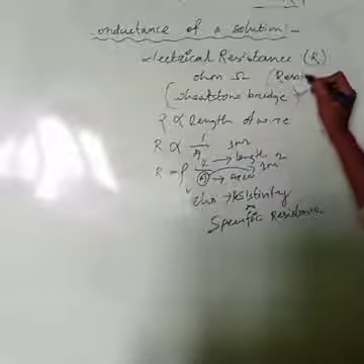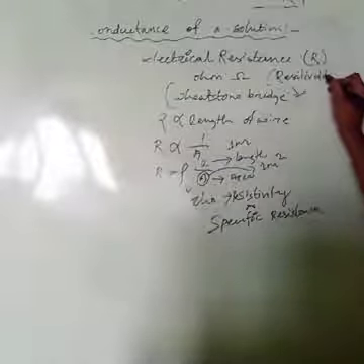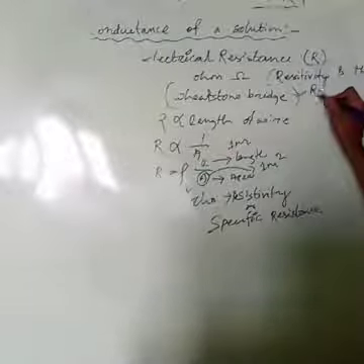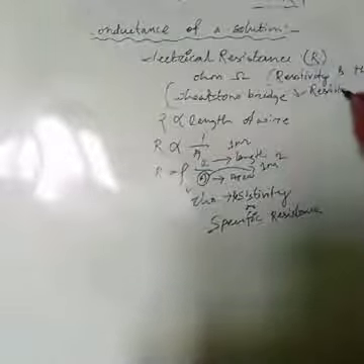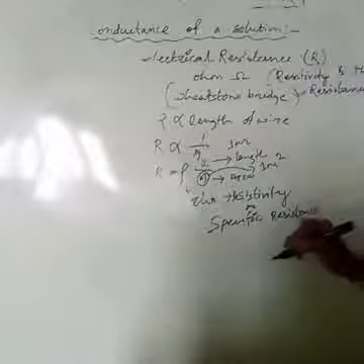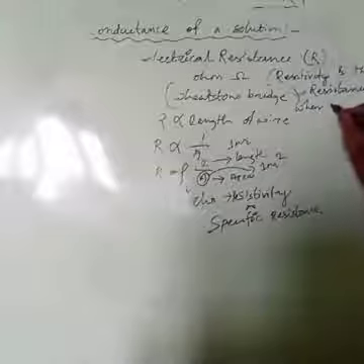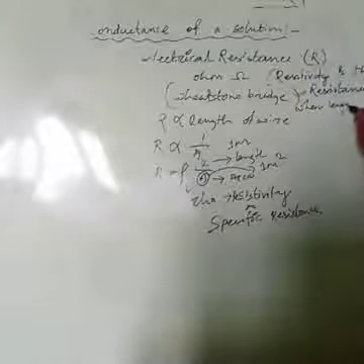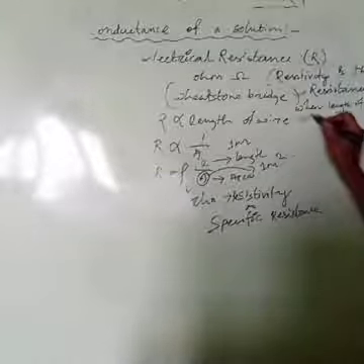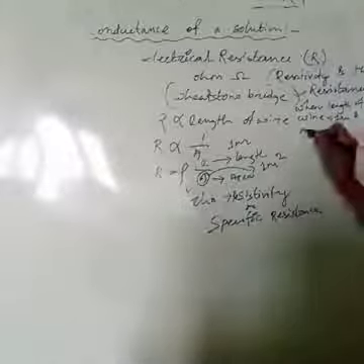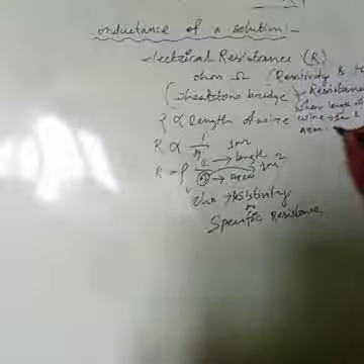Resistivity is the resistance when the length of wire is 1 meter and area is 1 meter square.